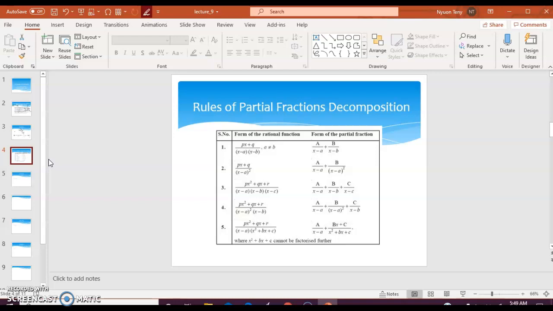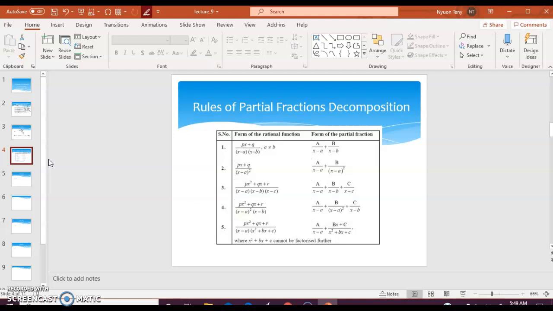So now my task is to find these numbers A and B. The same thing if I have three distinct linear factors and a numerator that looks like this, my decomposition would look something like that.